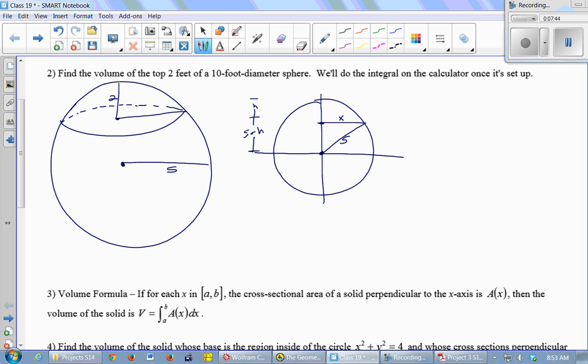I know that the height of this thing is 2, but I'm picking a random spot between the base and the height. Does that make sense? Okay. So I'm letting this be h, and then that would leave this distance to be 5 minus h.